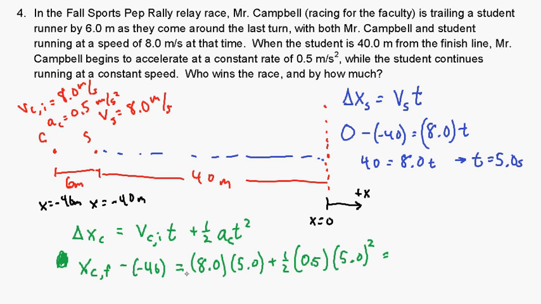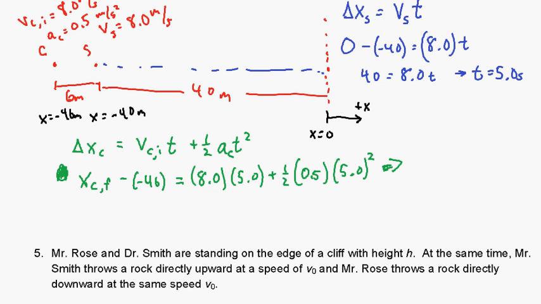And so this part here is 40. Let's see. Is this right? Yes, okay. So Campbell's final position is going to equal, I'm going to bring this negative 46 over to the right-hand side, negative 46.